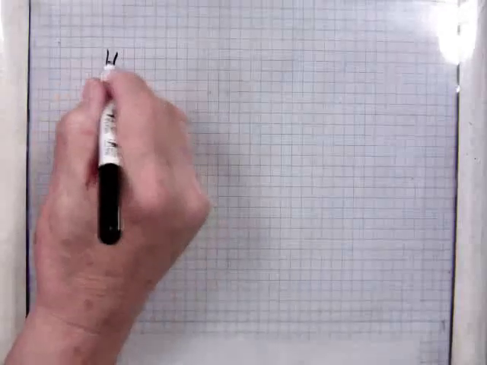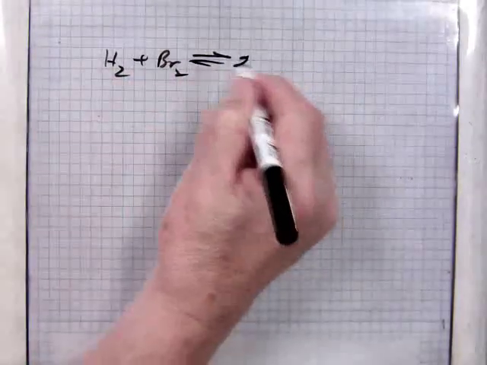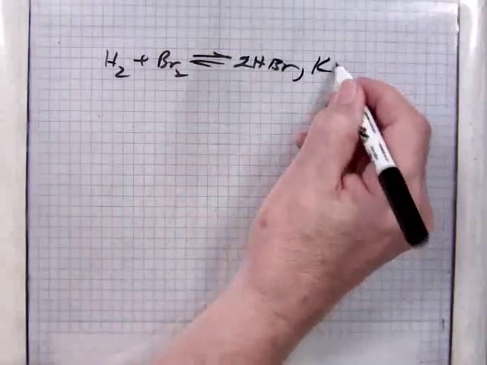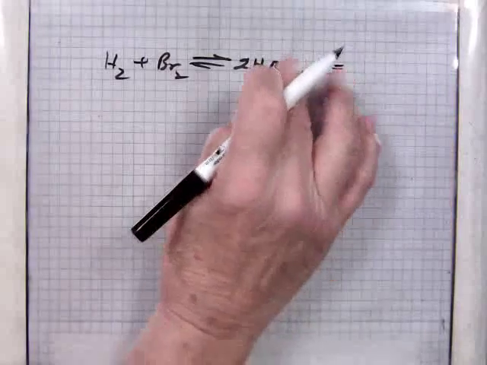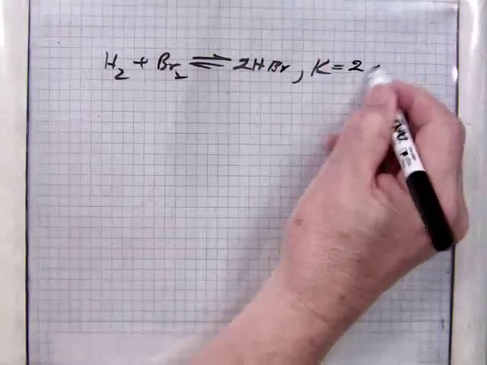Number 24. What's the Kc for the given reaction? This is one of those manipulation-type problems where you have H2 plus Br2 gives you 2HBr and K equals 2 times 10 to the 19th.